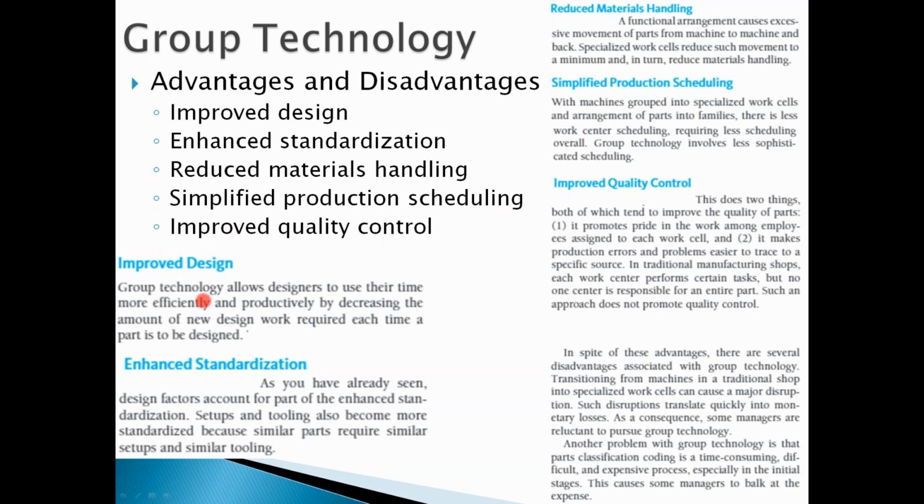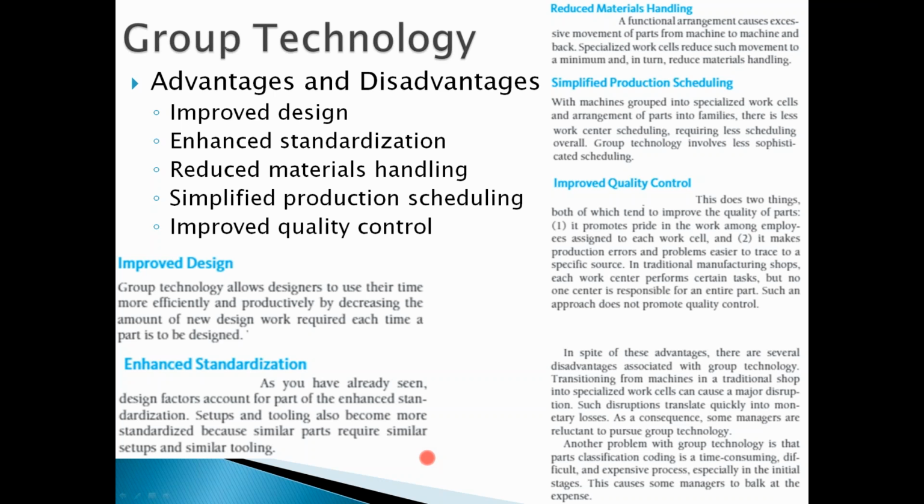Group technology allows designers to use their time more efficiently and productively by reducing the amount of new design work required each time a part is to be designed. Enhanced standardization, as you have already seen, some factors account for part of the enhanced standardization.